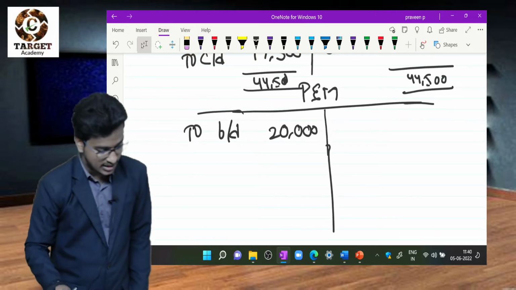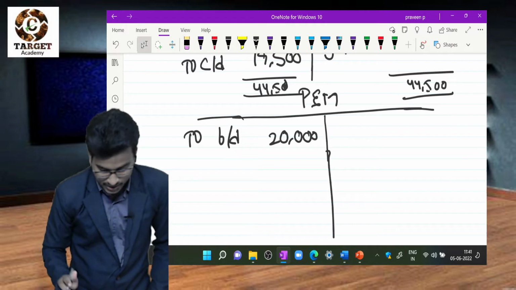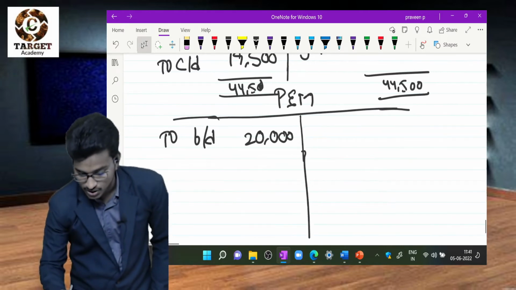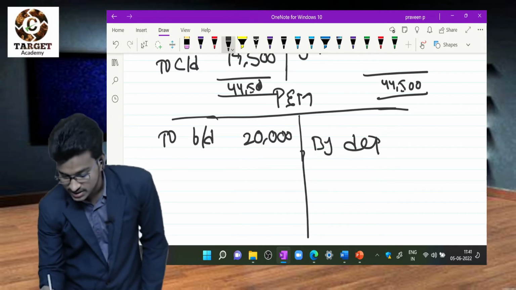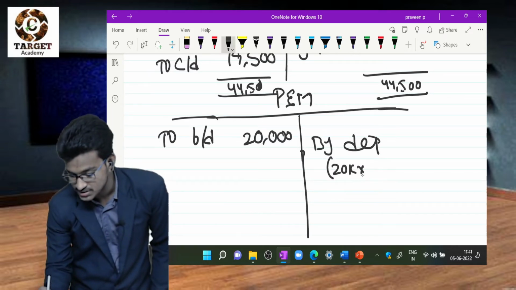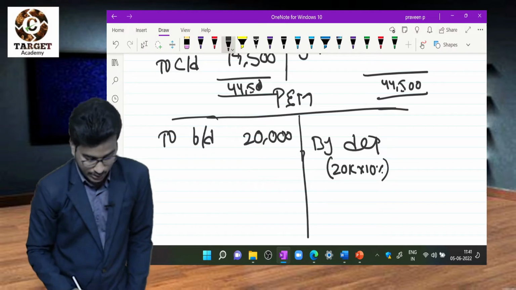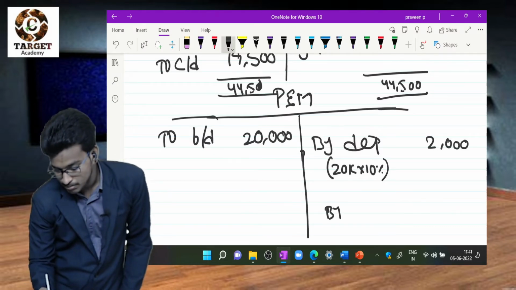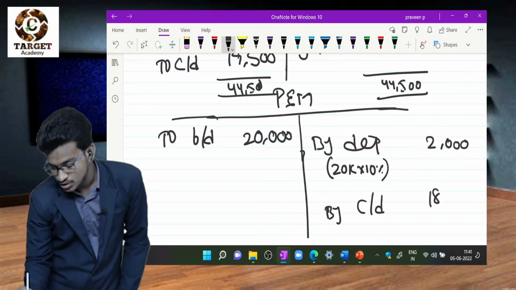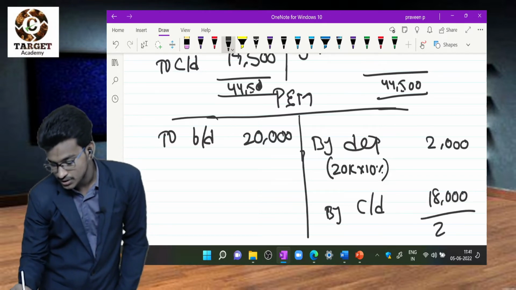Plant and machinery, see the question, the last point, depreciation is given, right? So by depreciation, how much? 10%, that means 20,000 into 10%, how much? 2,000. So what is the closing figure? By carried down, 18,000. Total 20, correct?